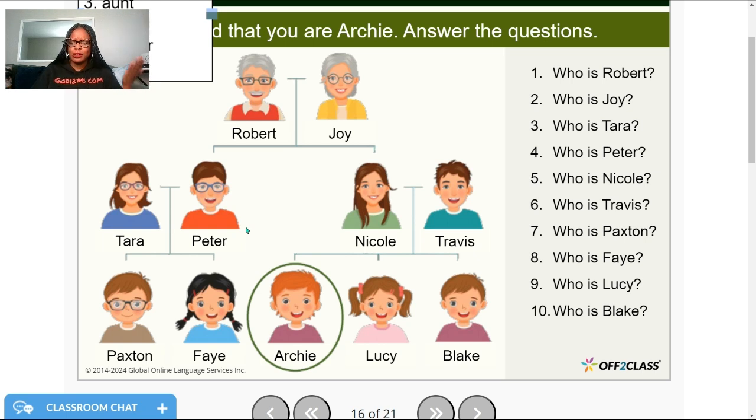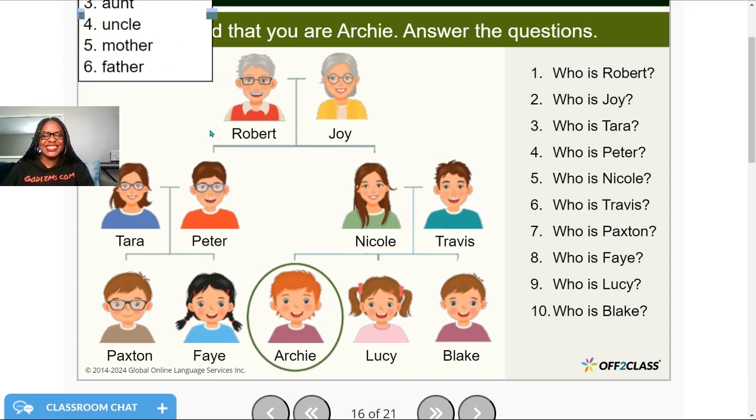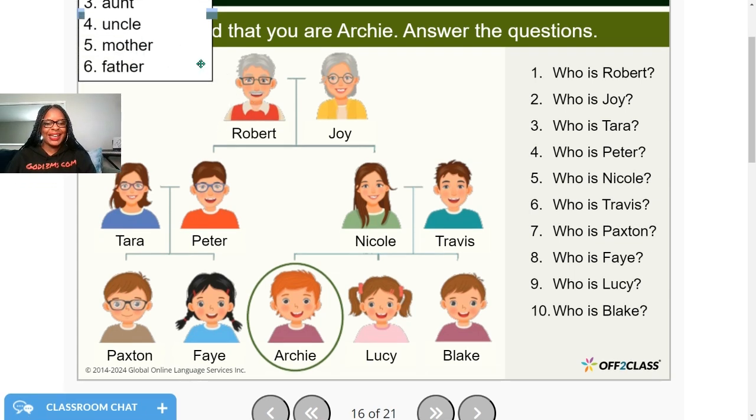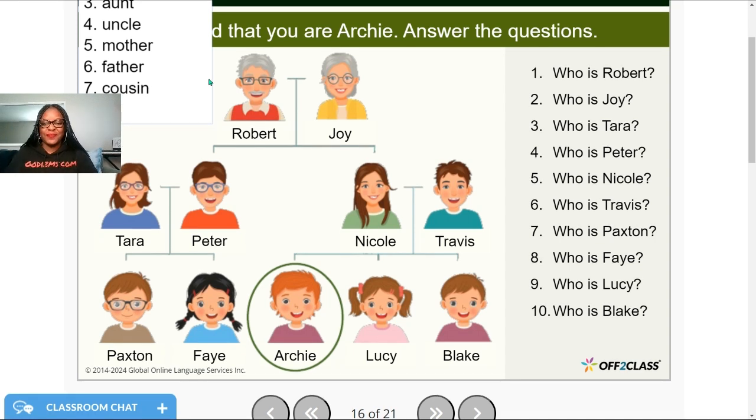And he's under Tara and Peter. So who could he be to Archie? All right, well, if you said that Paxton was Archie's cousin, then you would be correct. Paxton is Archie's cousin. Okay.